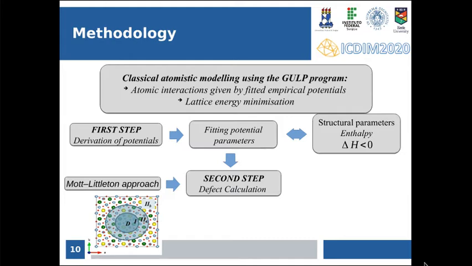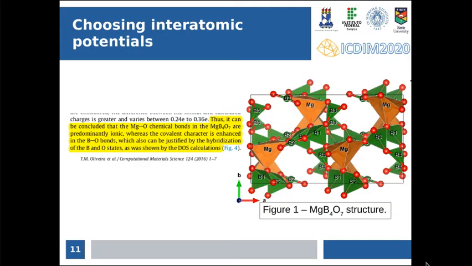And the second condition is the formation energy should be negative to ensure that the structure is stable. After this, we use a modular approach to calculate defects, and a set of solid state reactions gives us the most favorable defects. The choice of potential is made based on the bond nature.